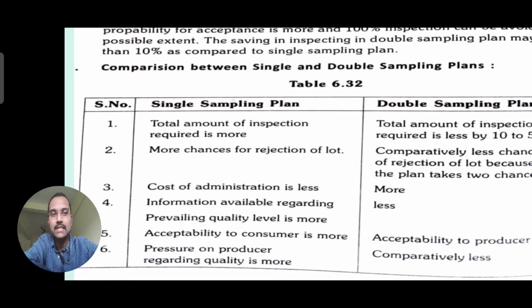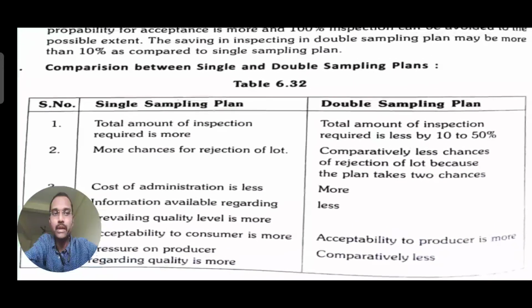Okay, and acceptability to the consumer is more in the single sampling plan, and acceptability to the producer is more in the double sampling plan. Why?